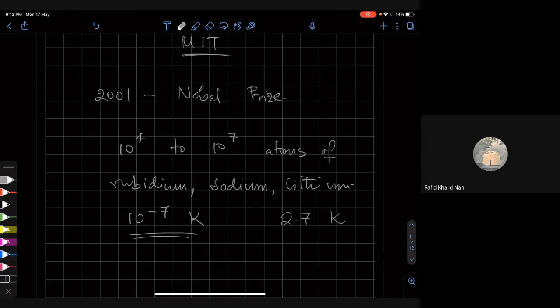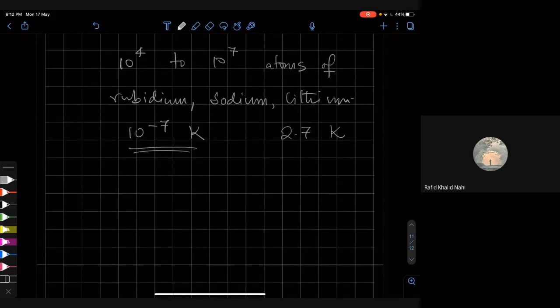So what they did is that they cooled that down, and they trapped all these atoms in a magnetic trap. So in a magnetic field, and then let go of these atoms.